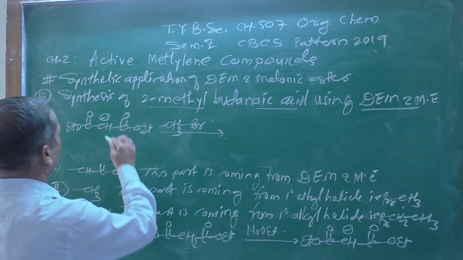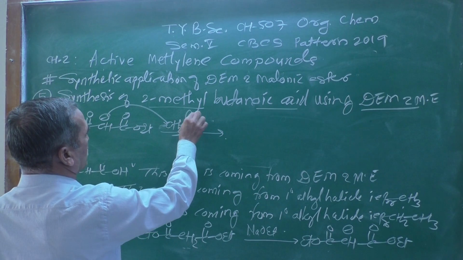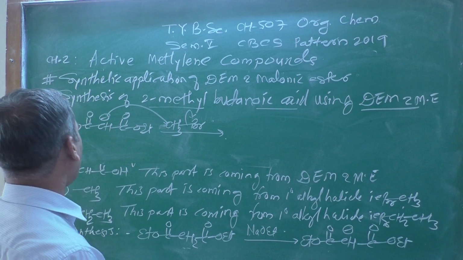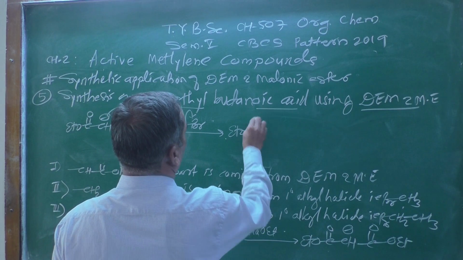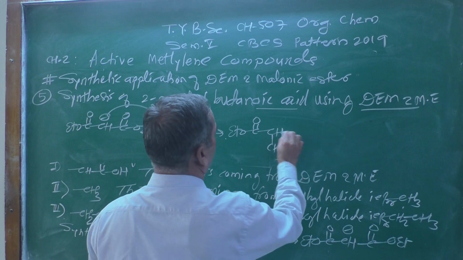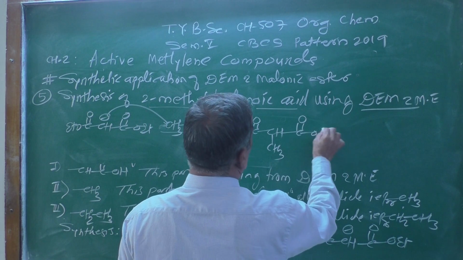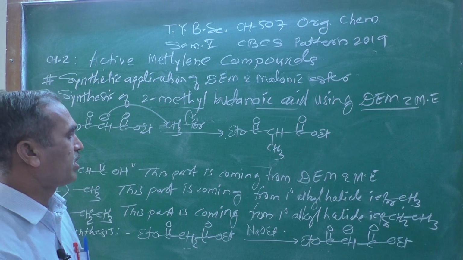So let us see, I am using first one CH3Br, methyl bromide. And what happened here, this negative charge is attacking that methyl group. There is a departure of Br, and we will be getting here EtO, then C double bond O, CH, CH3, then C double bond O, OEt. This is the compound which we got over here.